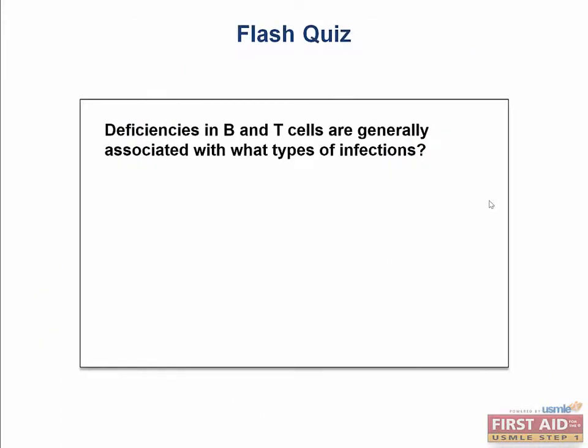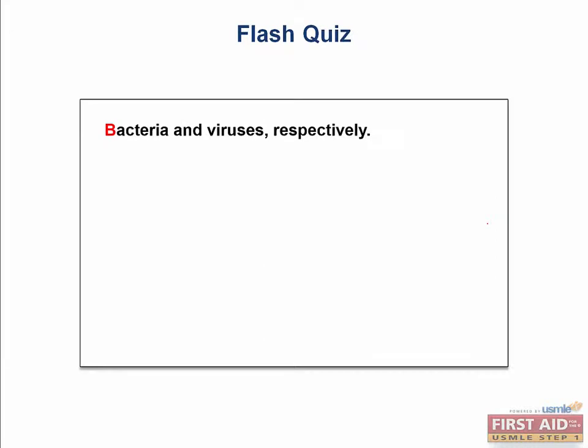And this flash quiz is essentially a reiteration of what I just talked about in the previous slide. Deficiencies in B and T cells are generally associated with what types of infections? I hope you know by now bacteria and viruses, fungi, mycobacteria, respectively.